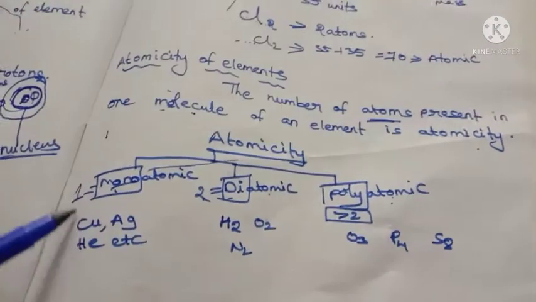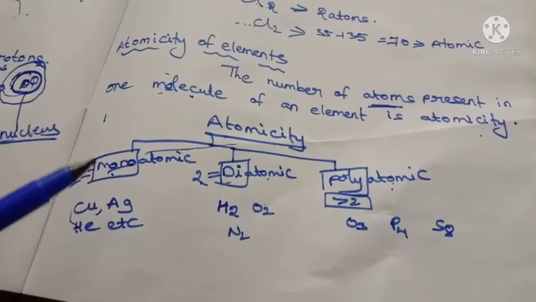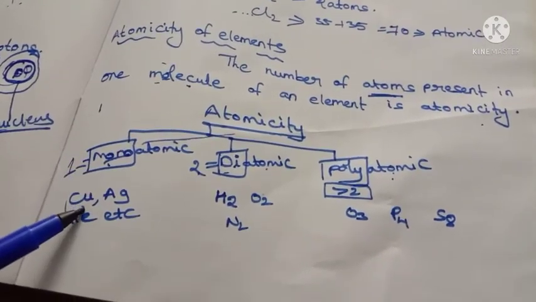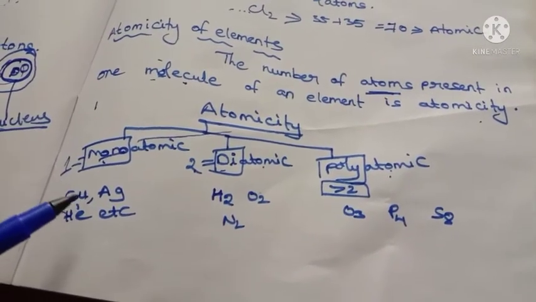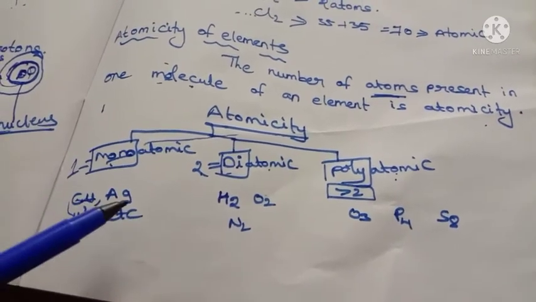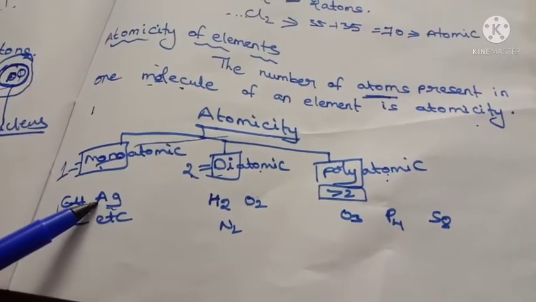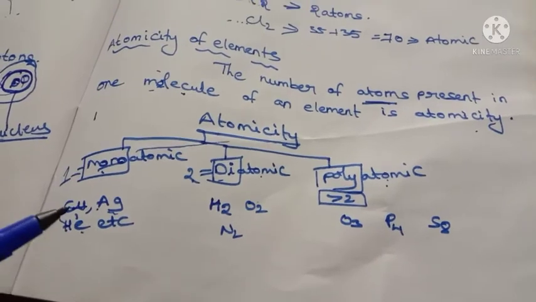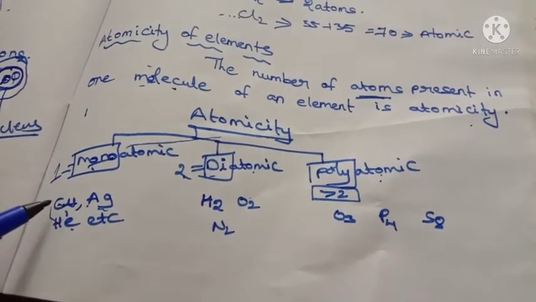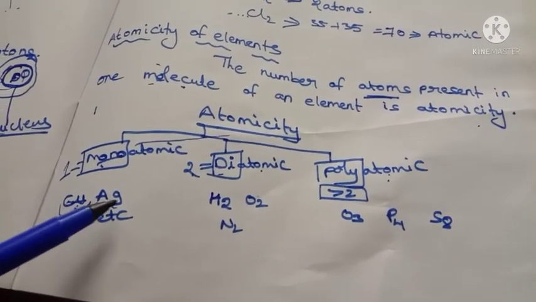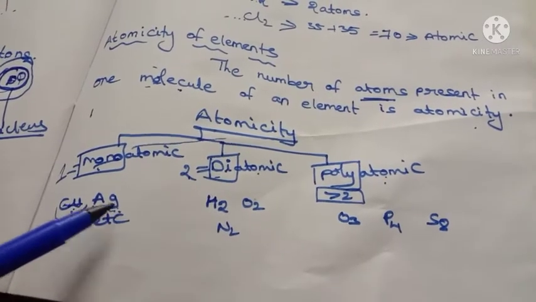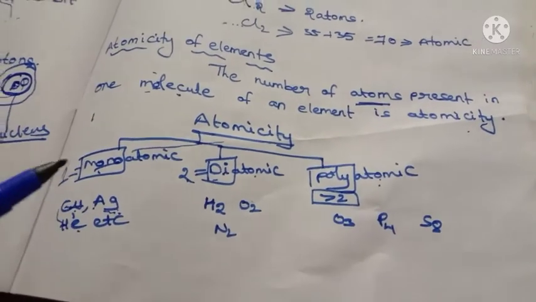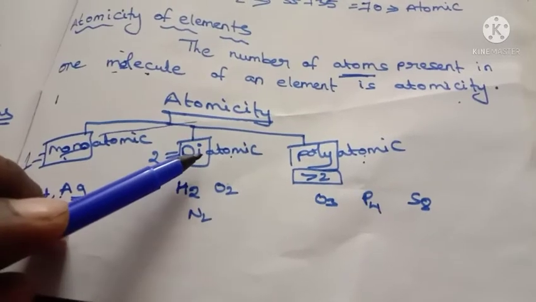See here, example Cu. Mono means one atom. All are one only. There is nothing in the suffix, no number in the suffix. What is diatomic?